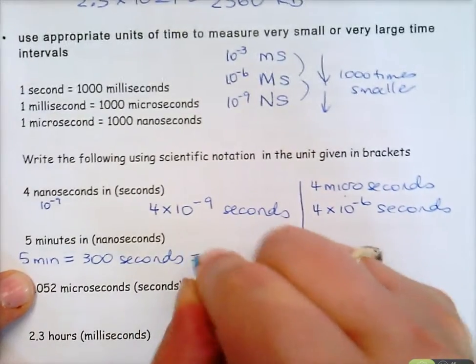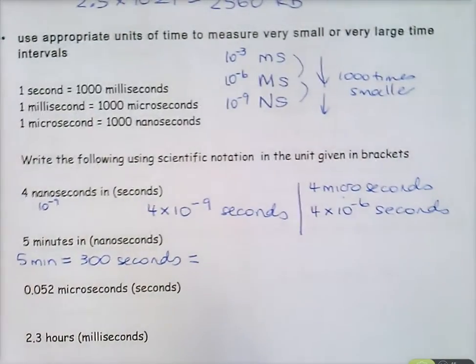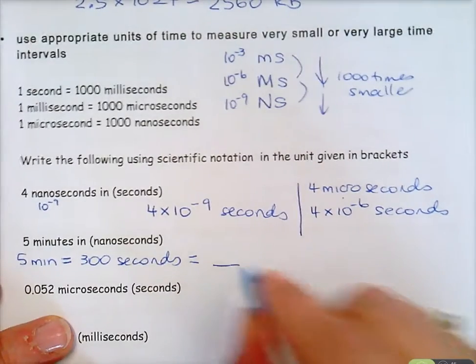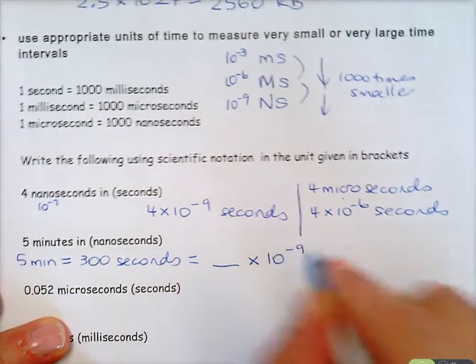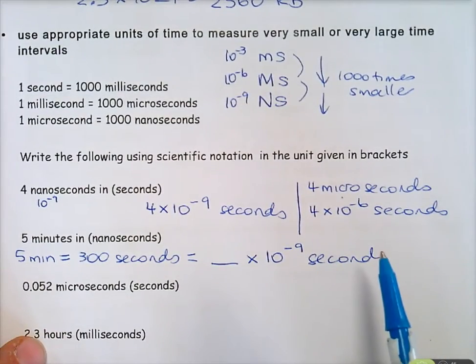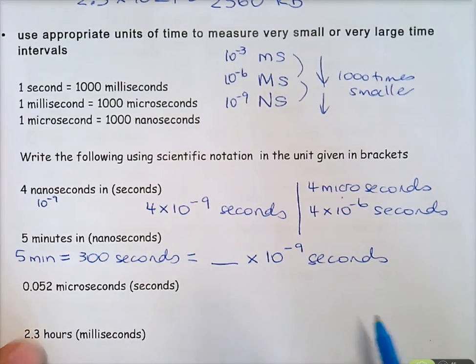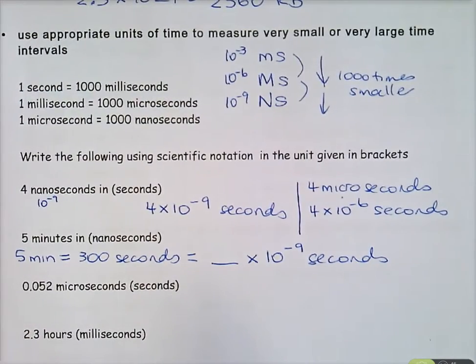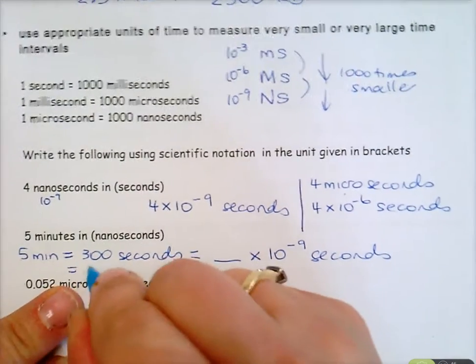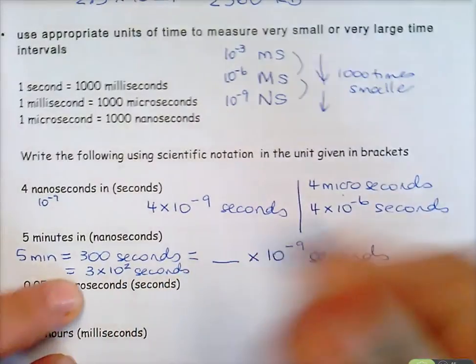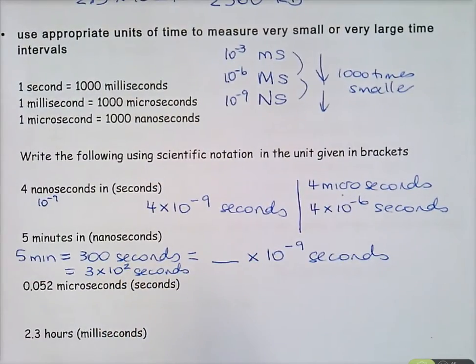Now you have to write that as something times 10 to the minus 9 seconds. At the moment, 300 seconds is 3 times 10 squared seconds. But we want to write it times 10 to the minus 9.